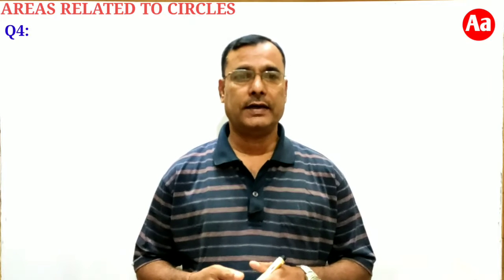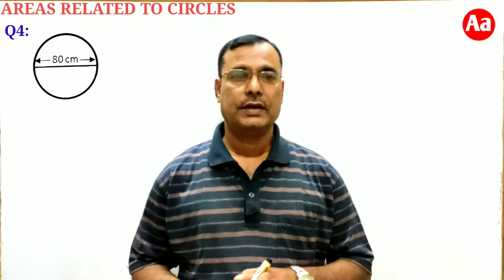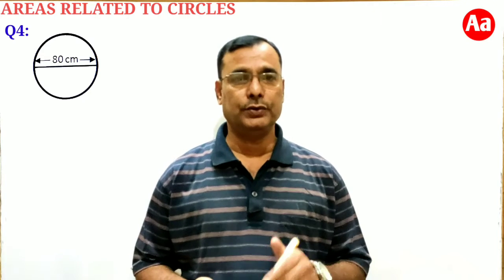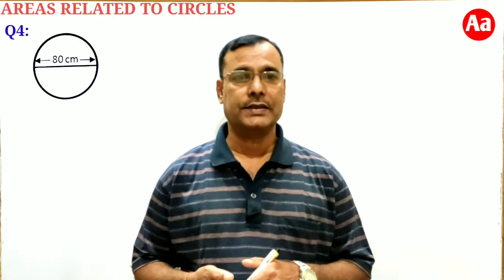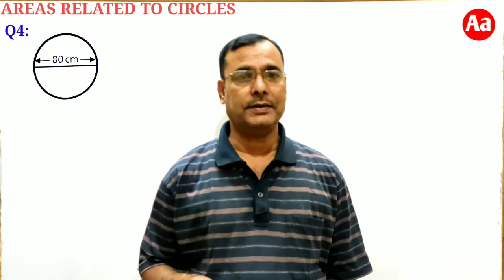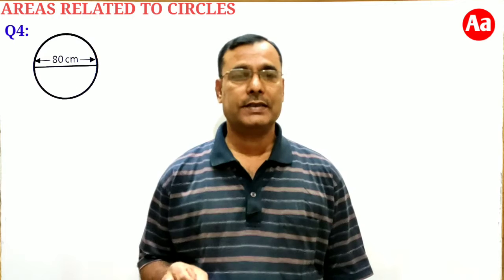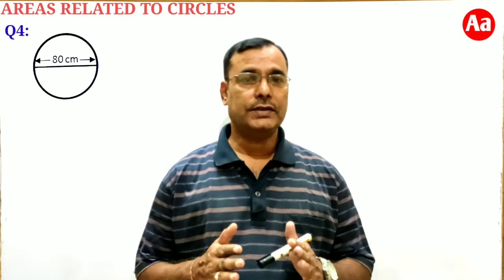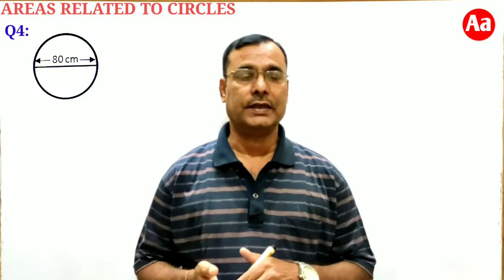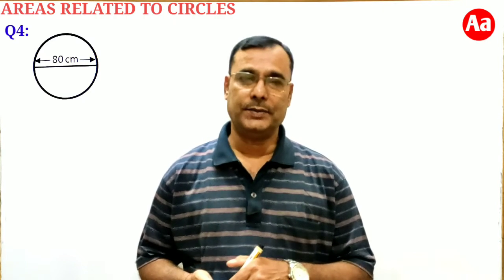Question number 4. The wheels of a car are of diameter 80 centimeter each. How many complete revolutions does each wheel make in 10 minutes when the car is traveling at a speed of 66 km per hour? So each wheel's diameter is given 80 centimeter.